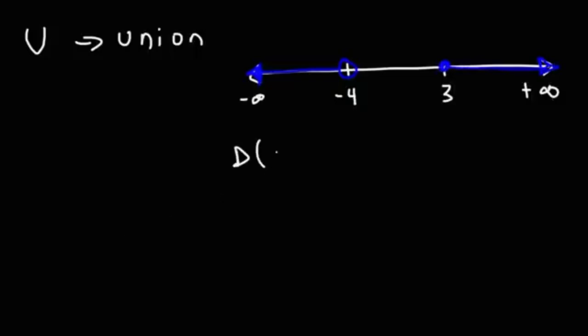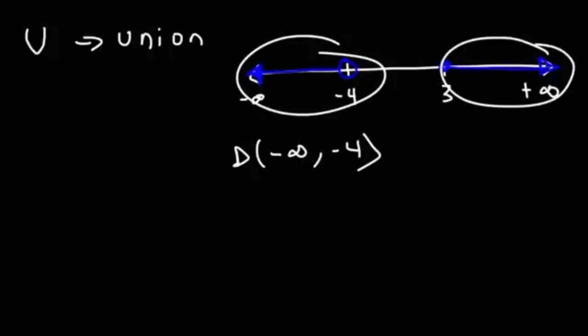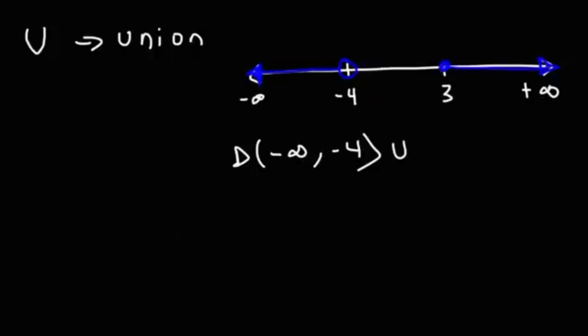So the domain would be -∞ to -4. Since we have an open circle at -4, we're going to use a parenthesis. Now we want to combine it with this section, so we would use the union symbol to connect them together. Now 3 is included, so we're going to use a bracket to include 3, and then it's going to go to +∞. So U represents union.